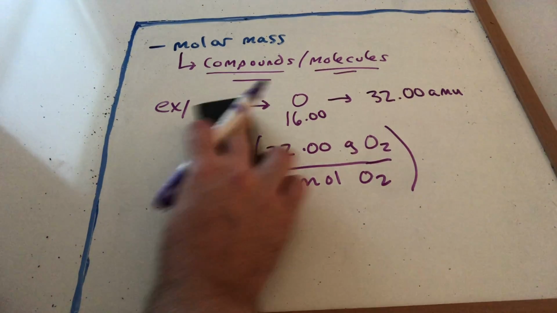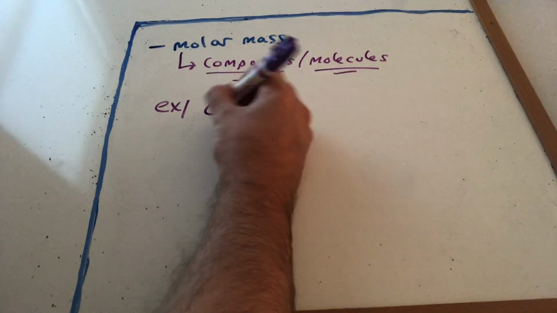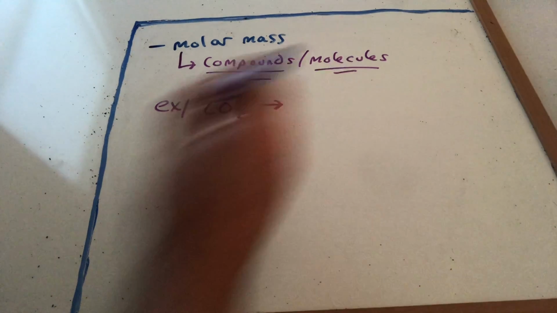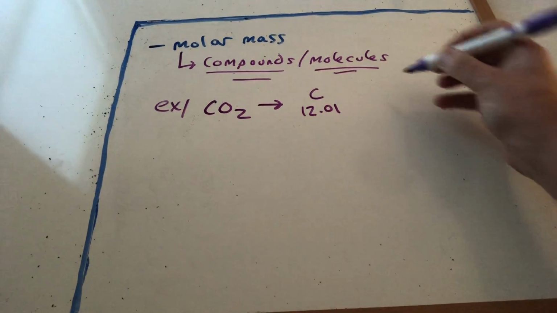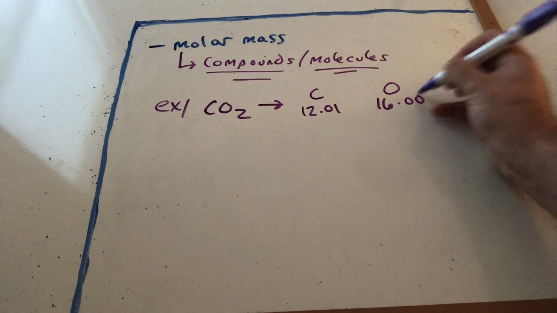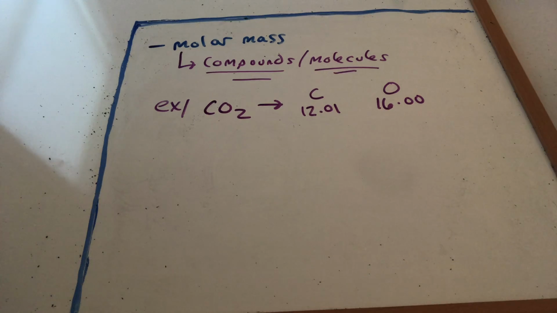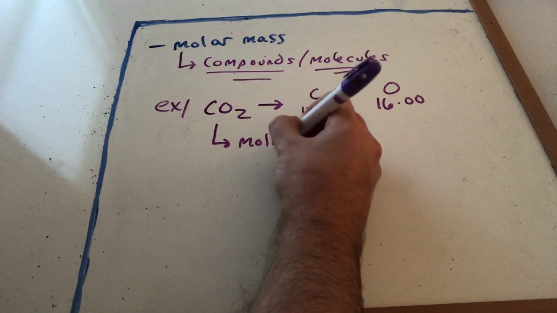To drive that point home, let's look at something like CO2. On the periodic table, C has a 12.01 under it. Underneath O on the periodic table, there's a 16.00. So if you look at something like CO2, what we could ask now is, what's the molar mass?